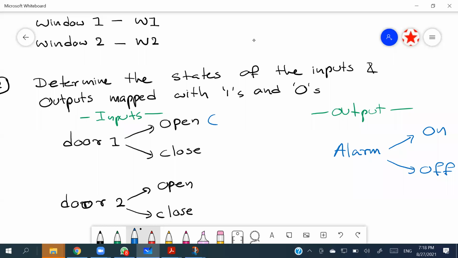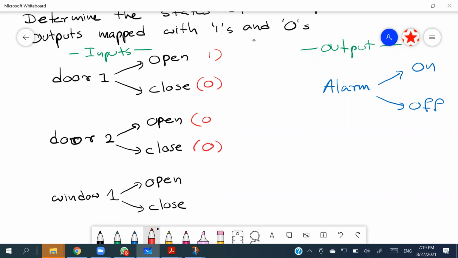So door open is indicated by 1, right? Door close is indicated by 0. The same way, open is indicated by 1 and closing is indicated by 0.